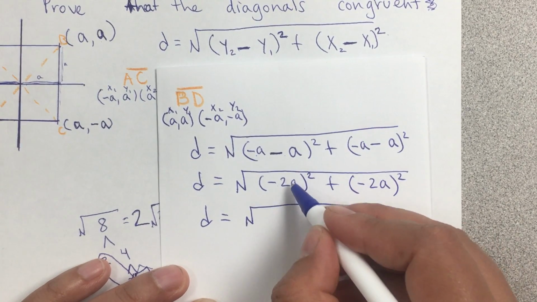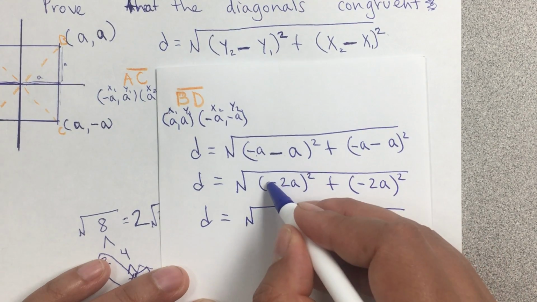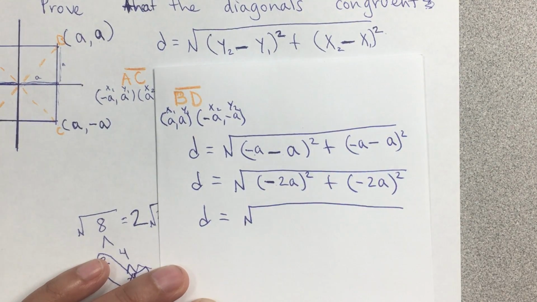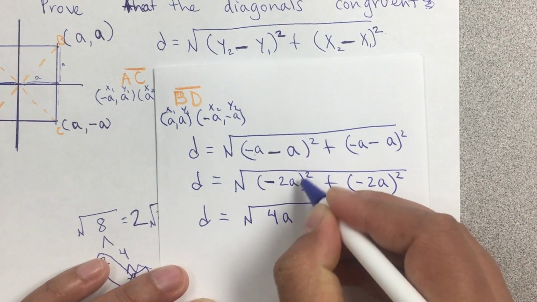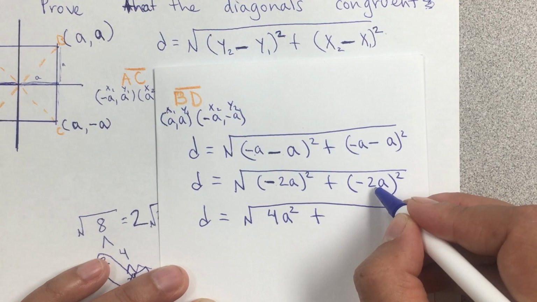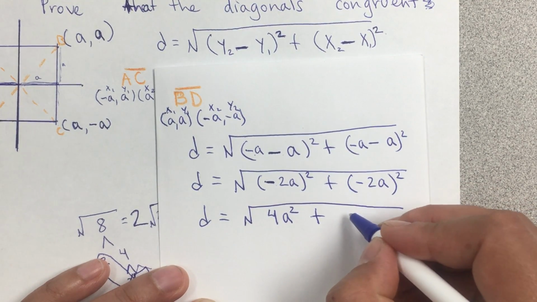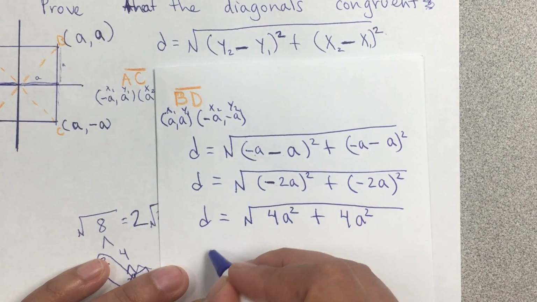Remember that the square tells us the whole thing multiplies times itself two times. In both cases we include that negative, so negative times negative becomes positive 4a squared. Plus, negative 2 times negative 2 is 4, and a times a is a squared again.